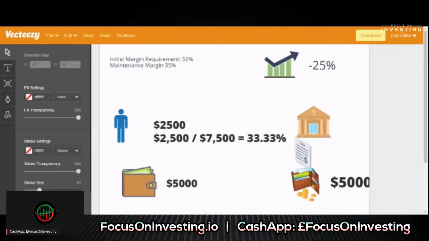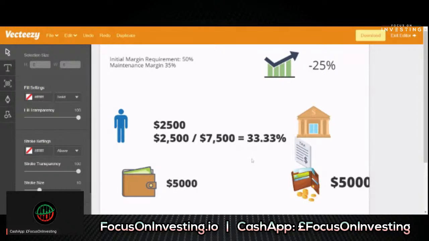So again, to clarify, if Neil doesn't add money to his account, he will get a call from the broker about his margin. He will get a margin call letting him know that he either needs to put more money into his account in order to keep this trade open, or the broker, as we've put here, will claim back their 5,000 margin by selling the asset that he purchased in order for them to get their money back.